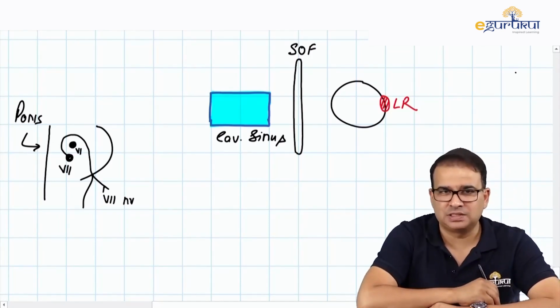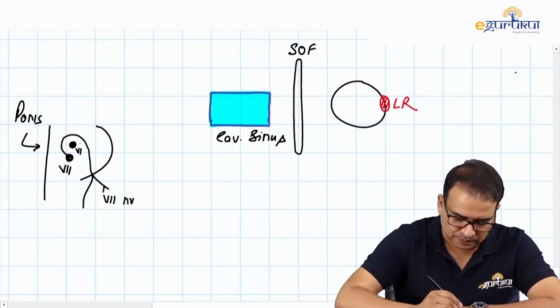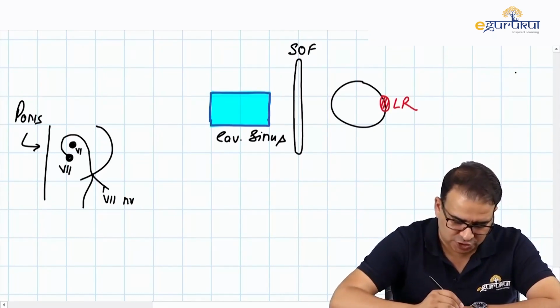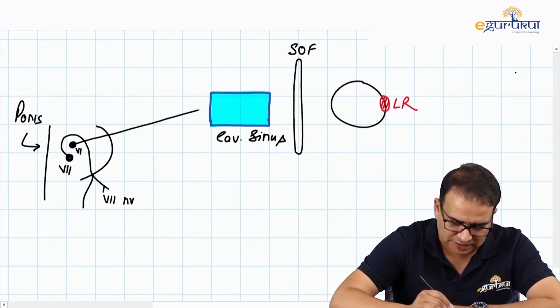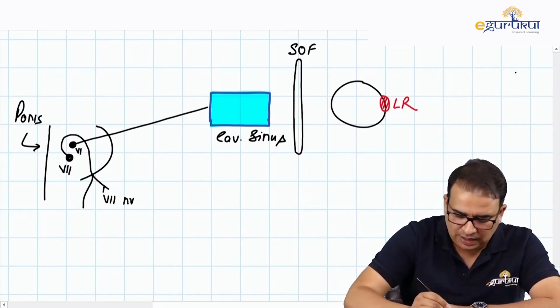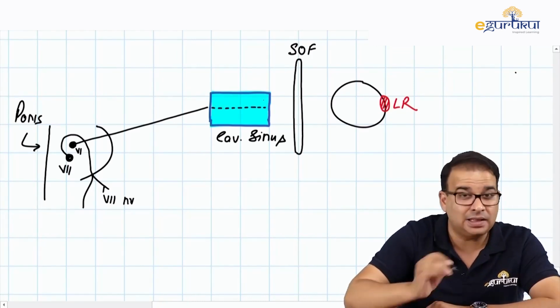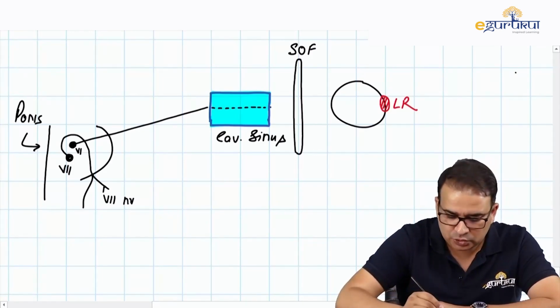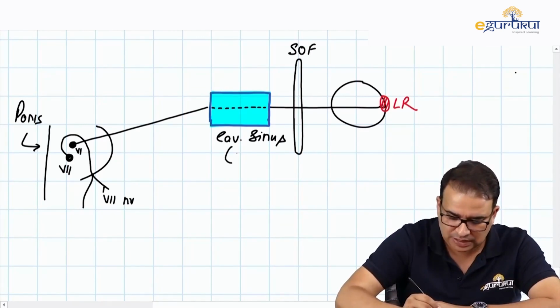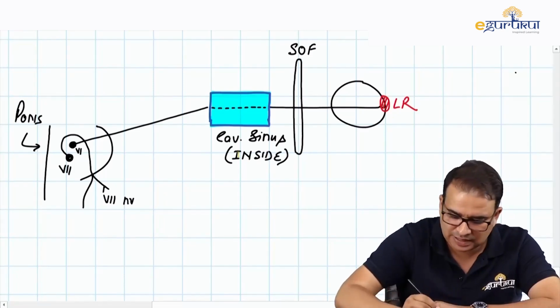Let's say the sixth nerve ascends upward to reach the cavernous sinus, and then it goes inside the cavernous sinus. Unlike the third and fourth nerves, it goes through the superior orbital fissure to the lateral rectus. One important difference you see here is that this nerve is not in the lateral wall. The sixth nerve is present inside the sinus.